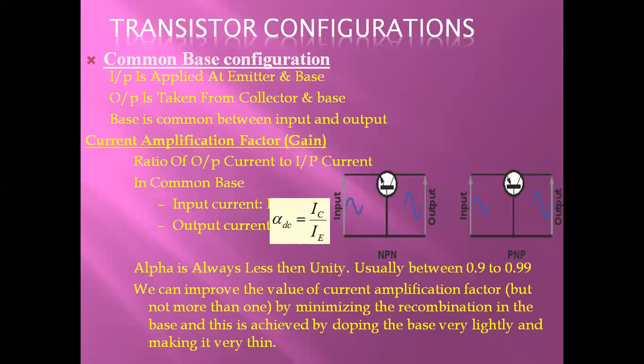So alpha is very much less than unity. Usually it has a standard value between 0.9 and 0.99, less than unity.